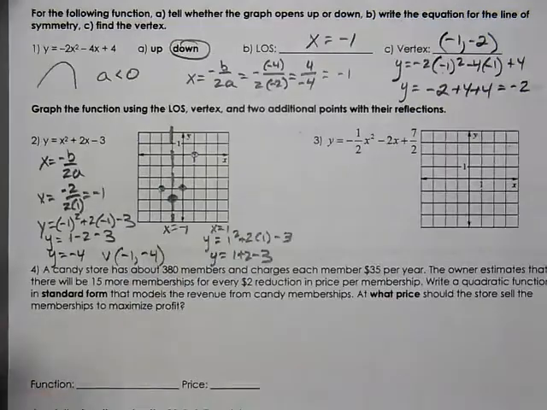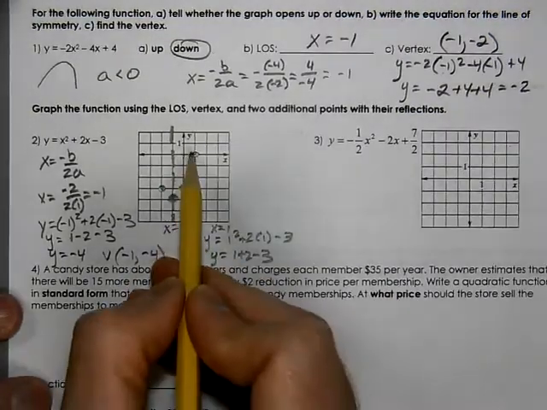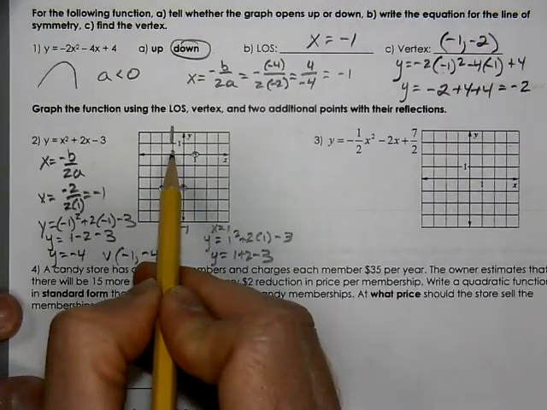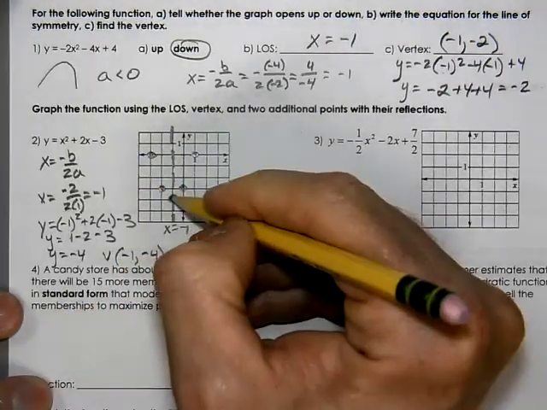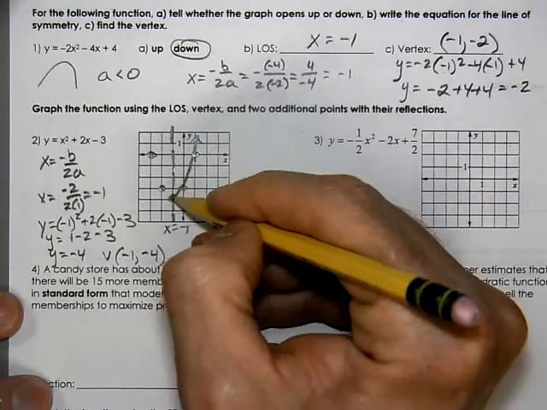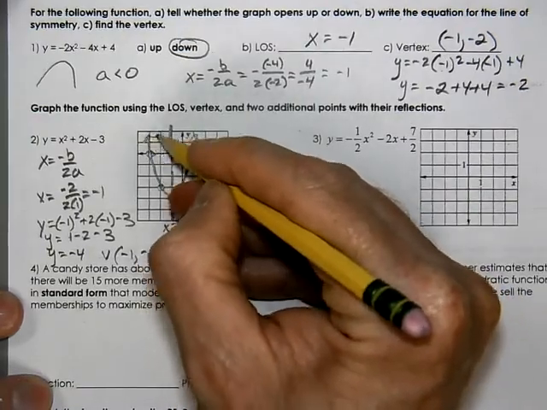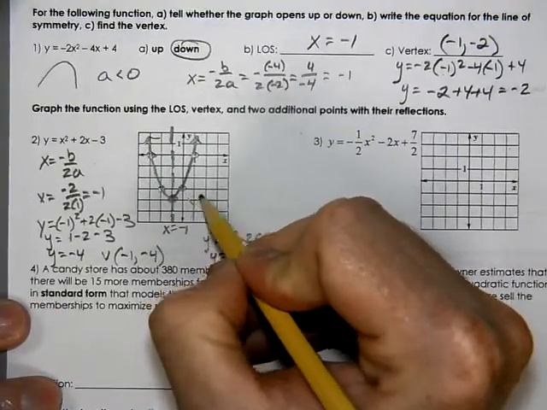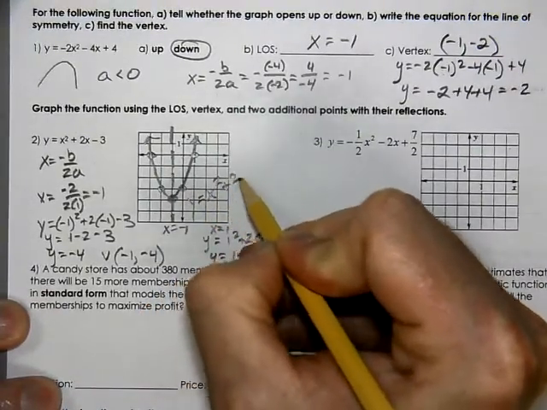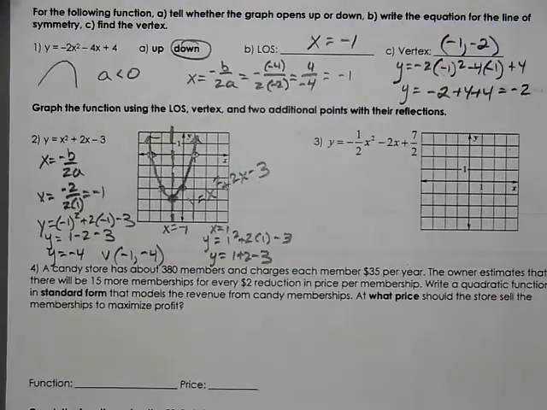So at 1, we're going to be at 0. So that's 2 units away from the line of symmetry. So I'm going to go 2 more past the line of symmetry. So now we're able to graph it, and we write our equation: x squared plus 2x minus 3.